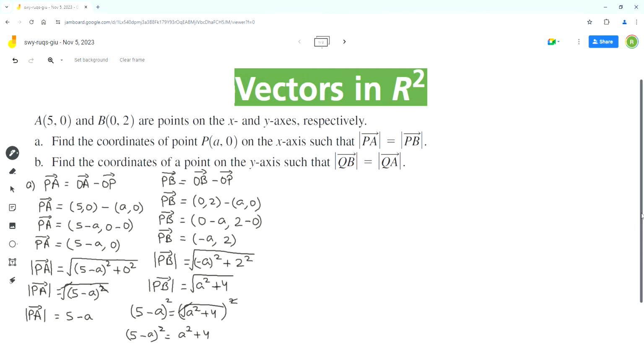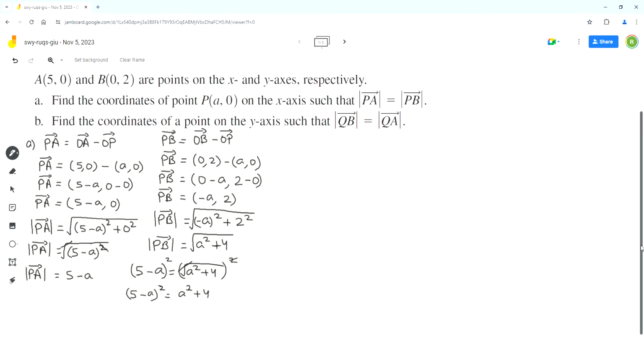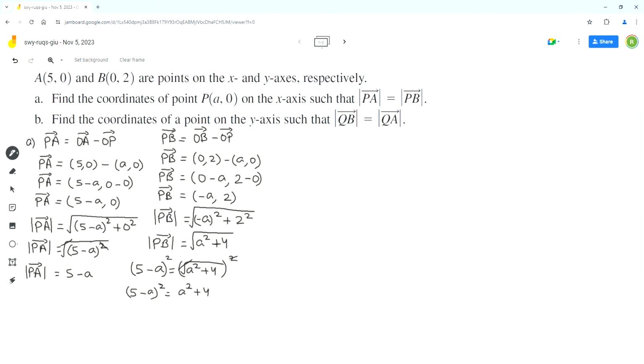Now we can simplify the left side by expanding the square, and for that we can write out (5 minus a) twice. Now we can use FOIL on the left side to distribute the terms.